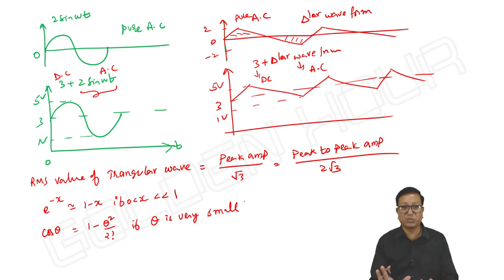I will be making use of these points while analyzing the half wave rectifier with capacitor filter. Please do remember these points. The complete analysis will be based on these things.